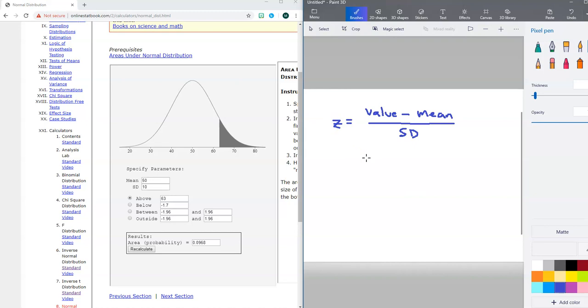And if the symbols that are used are population symbols, then it will look like Z equals X, your value, minus mu, which is the Greek symbol for population mean, divided by sigma, which is the symbol for population standard deviation.